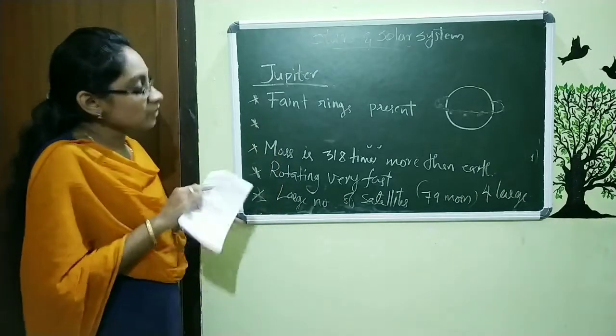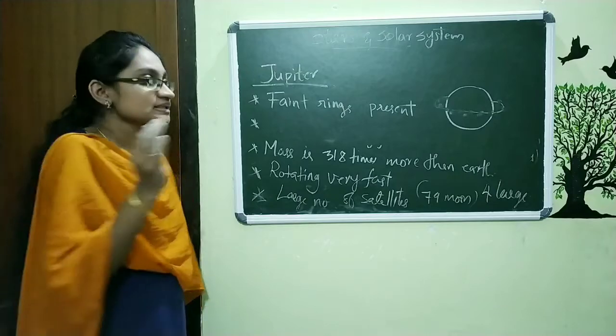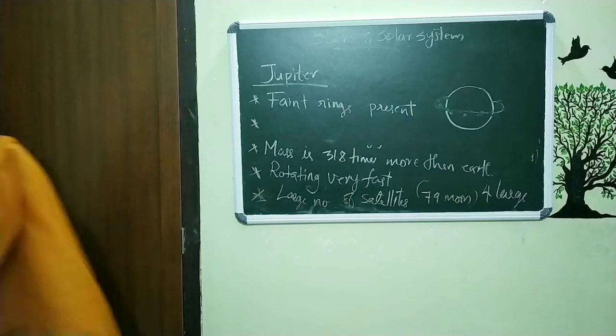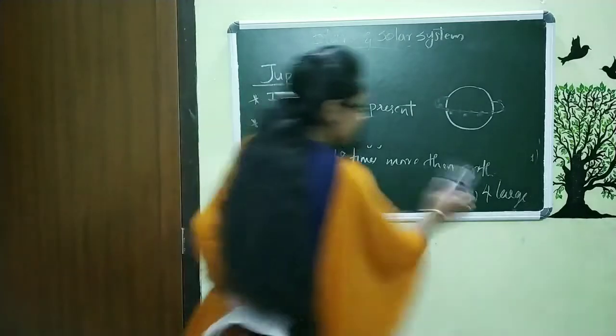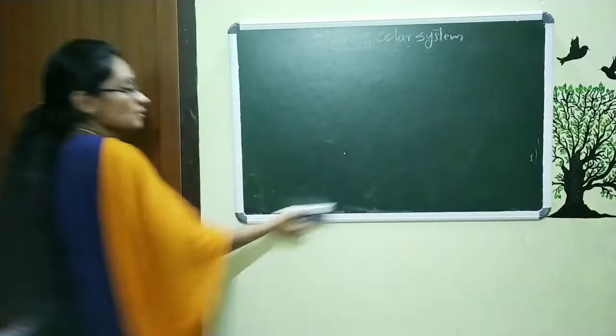So these are all about Jupiter. And the next is what? Saturn and all. We will discuss it in our next class. So what did we discuss today? We discussed the solar system. First we discussed the sun.